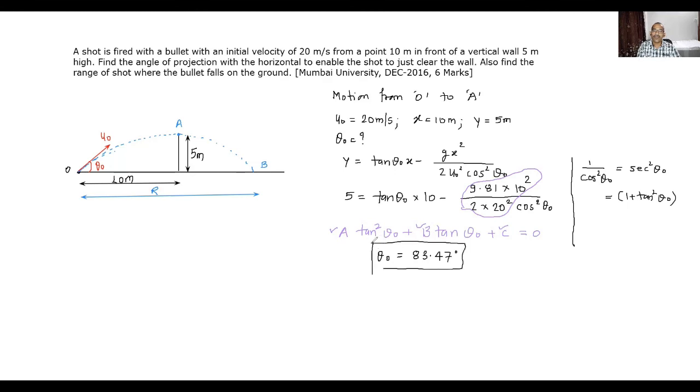Now once theta 0 is known, the next thing asked is the range of projection.